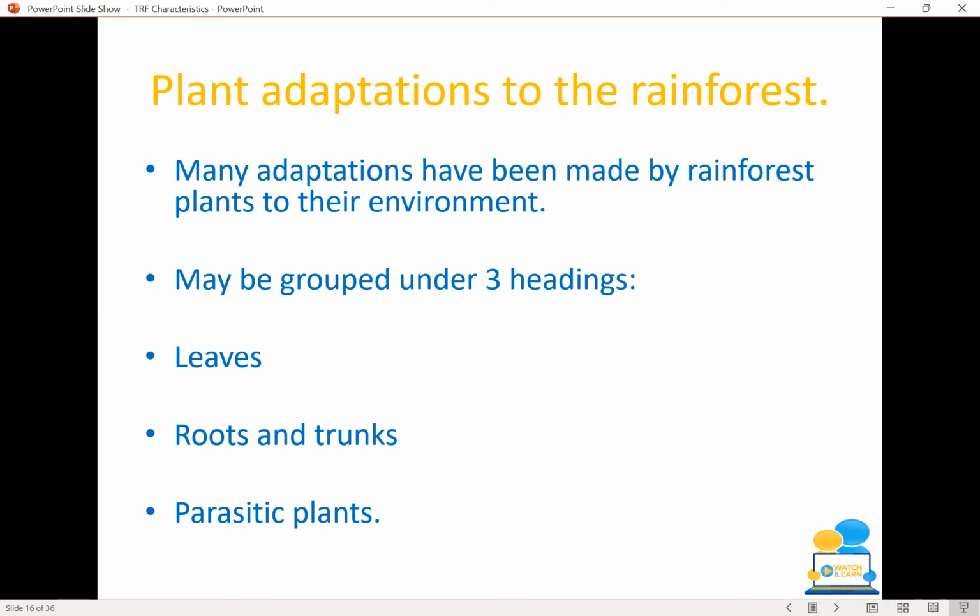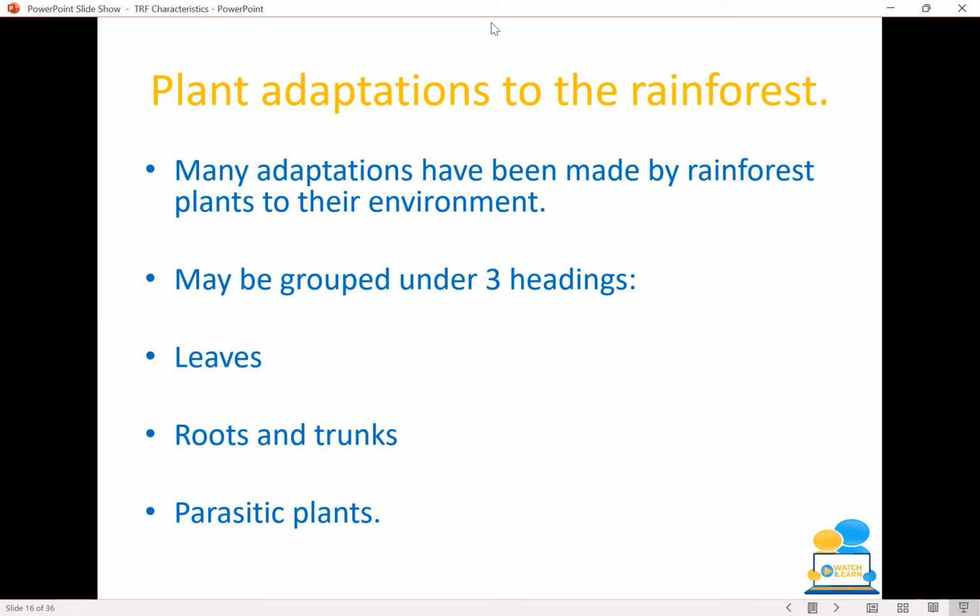And these adaptations can be grouped under 3 headings. There have been adaptations made to their leaves, like we've already seen at the very top of the emergent layer with the smaller, pointed leaves. But there are other adaptations further down as well that we have to look at. We've already looked at the roots and the trunks in a small bit of detail.